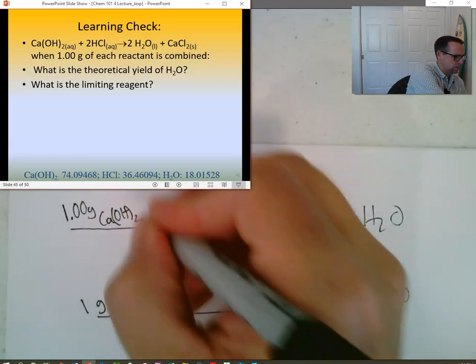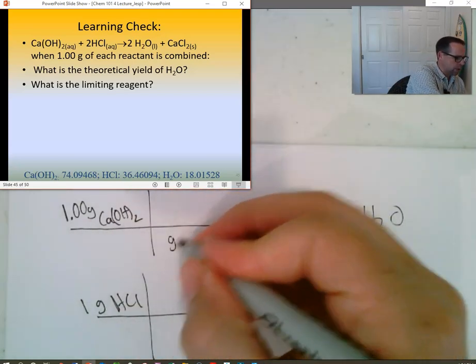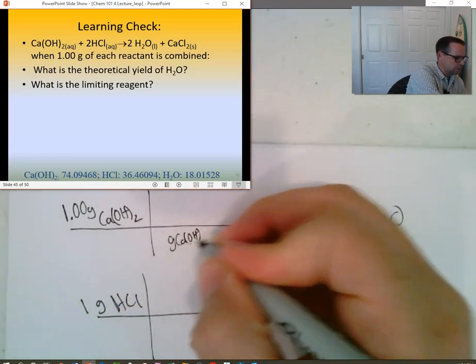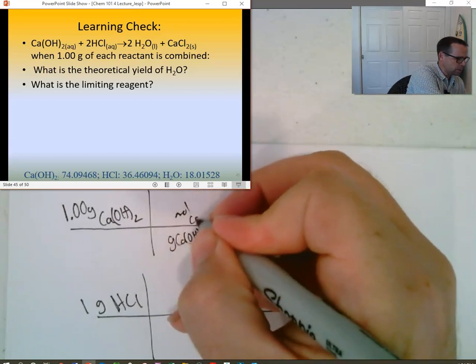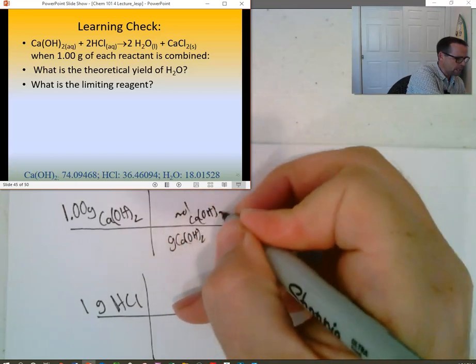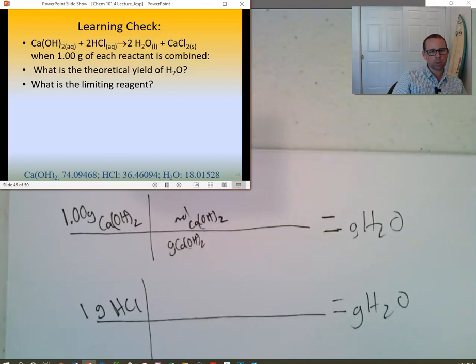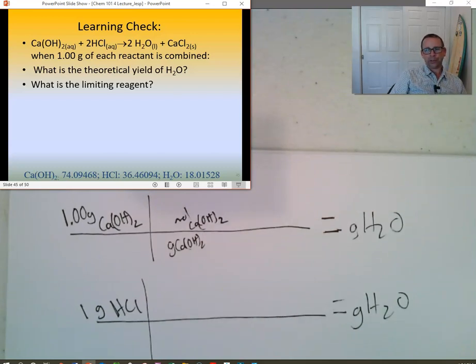So I can go from grams of calcium hydroxide here to moles of calcium hydroxide. Now I went to the land of the moles. Why do I go to the land of the moles? So I can get the power of the equation. Because this equation here tells me ratios of this material, 1 to 2 to 2 to 1, but those are in moles.